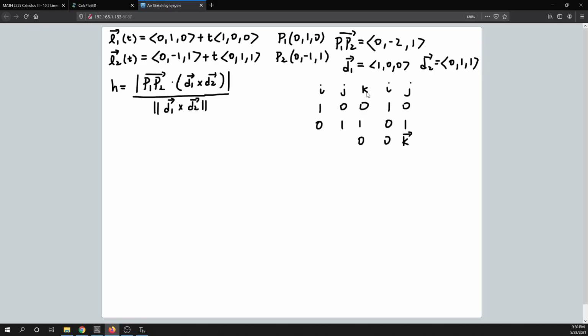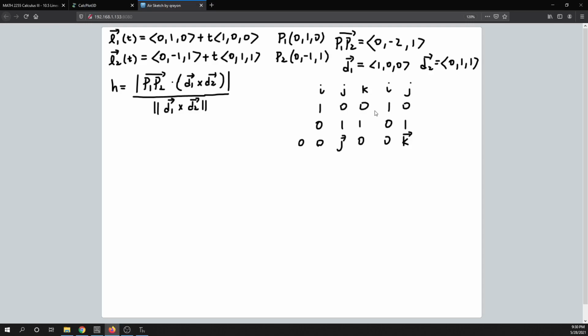Then go back the other way, that's 0, that one's 0, I times 0 times 1, and J times 1 times 1 is j.